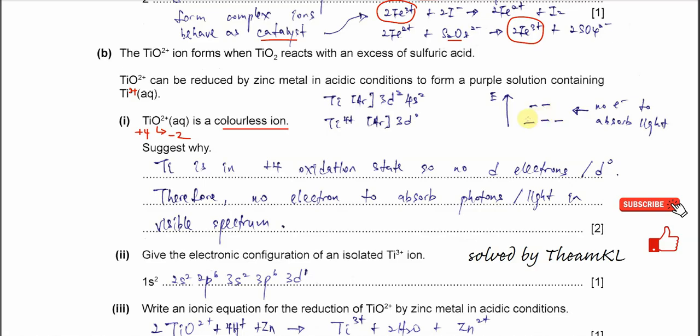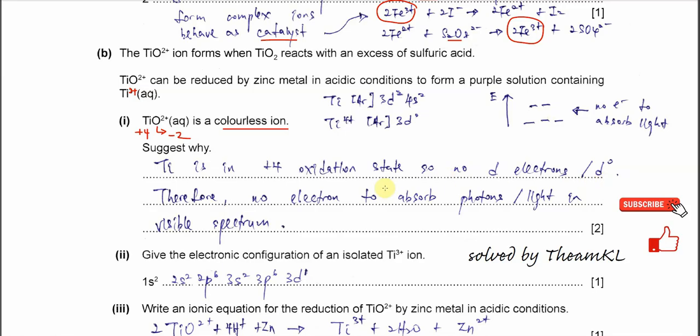Because there are no electrons in the d orbital, no light will be absorbed. In order to absorb the light, there must be electrons inside the d orbital. Because the d orbitals are now empty, there are no electrons to absorb the light, no light absorption, therefore no color formation.